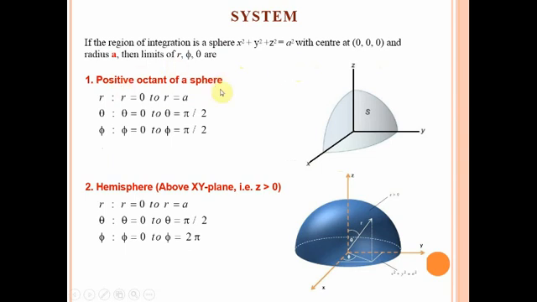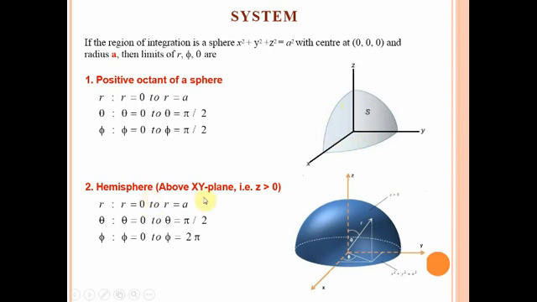For the positive octant of a sphere, we can find r from 0 to a value a, theta from 0 to pi by 2, and phi from 0 to pi by 2. So this is the positive octant.